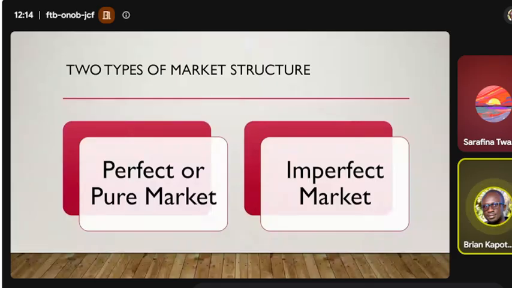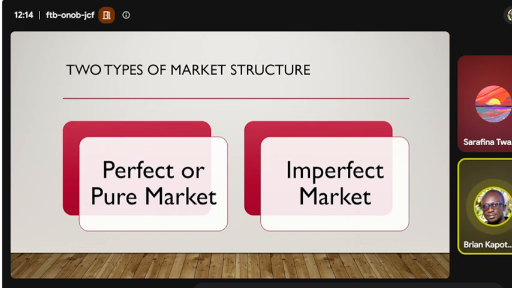So when we look at a perfect or pure market, we're looking at where we have many buyers and sellers in a particular market. And the firms are selling an identical product.